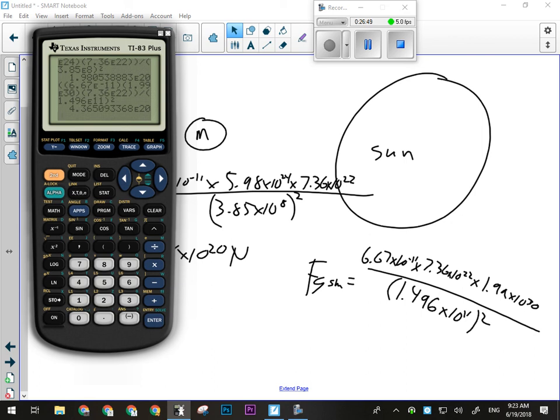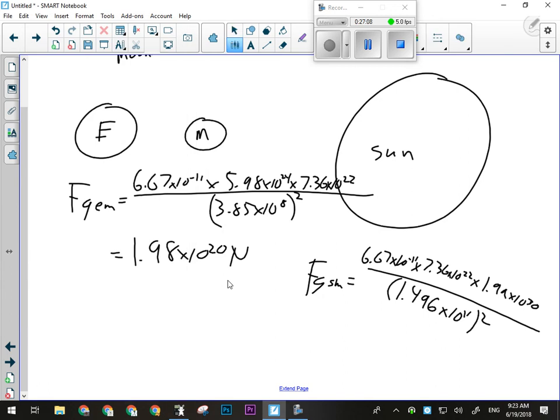Okay, so we're getting 4.36 times 10 to the 20.